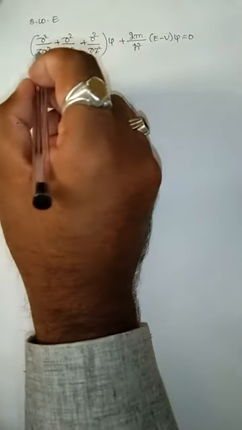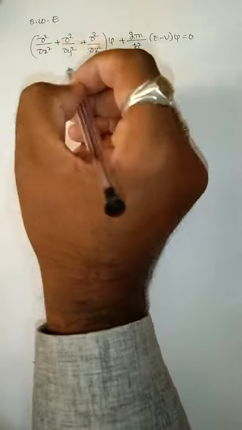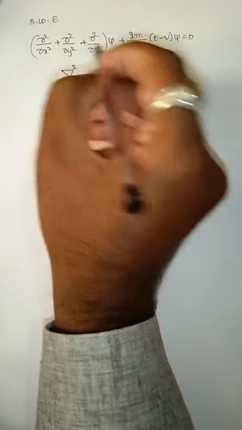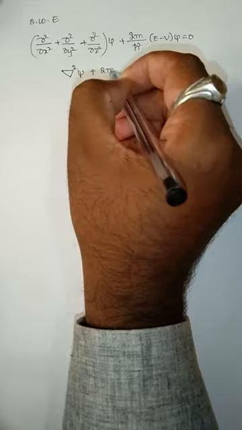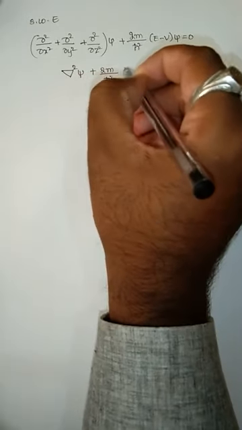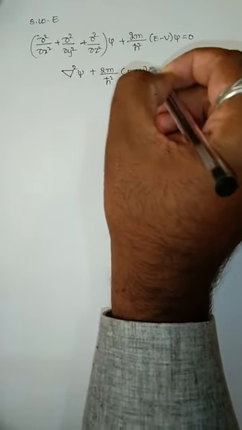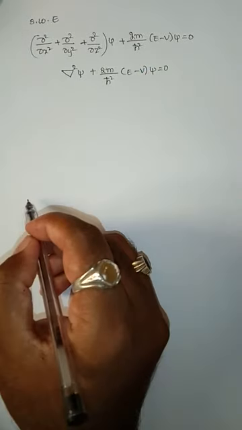This is the 3-dimensional Schrödinger wave equation, and we already observed this whole term can be replaced with ∇²ψ + (2m/ħ²)(E − V)ψ = 0.